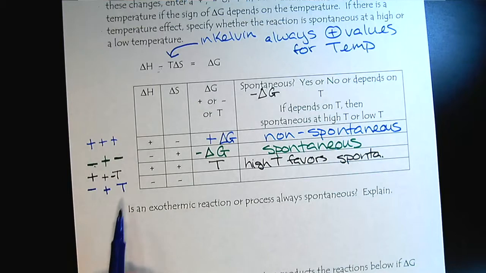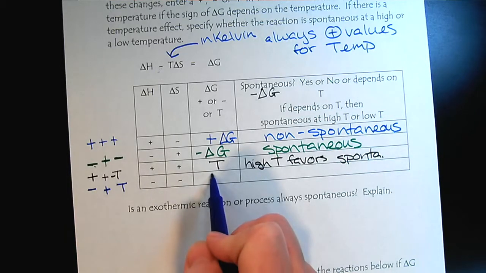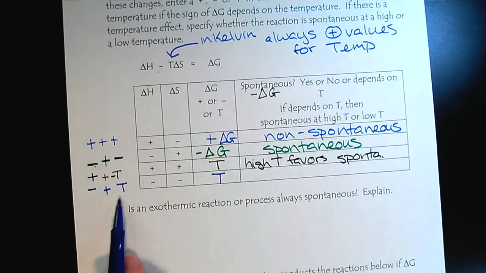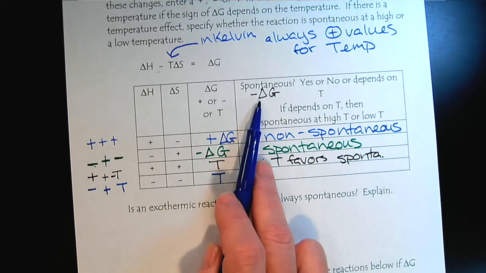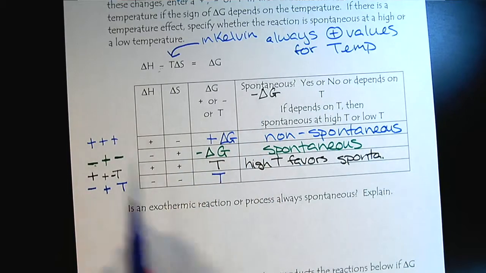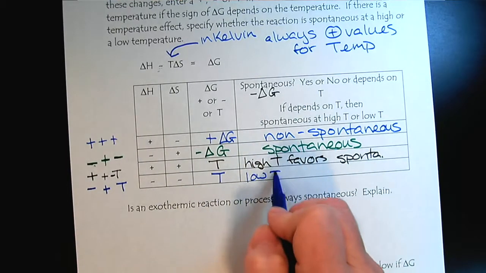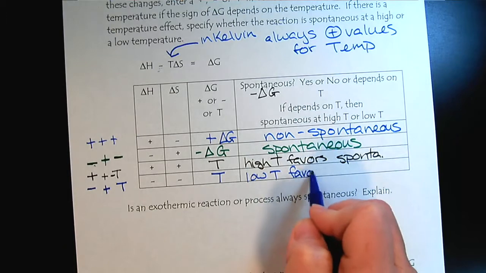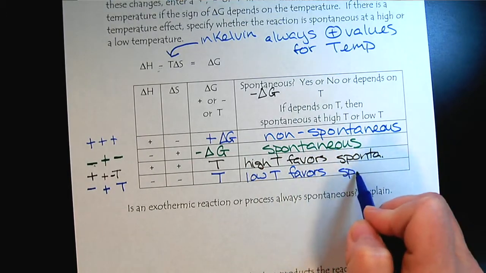So we can see here that temperature is always positive, so we have a negative value and a positive value. So once again, the net result is going to depend on the temperature. And here we want to have a negative delta G. So here we see a low temperature favors spontaneity.